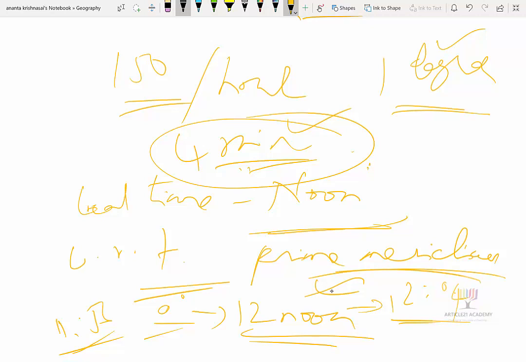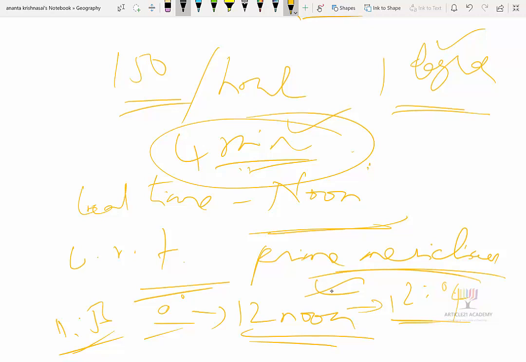Meaning, you must note here that the time increases when we move from west to east, and it decreases with our westward movement. If we move eastwards, there will be gain in time, and if we have the westward movement from east, there will be loss in time.